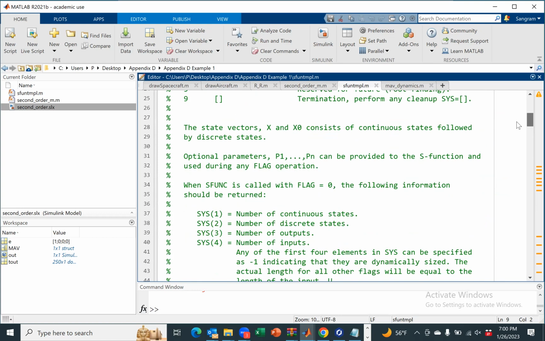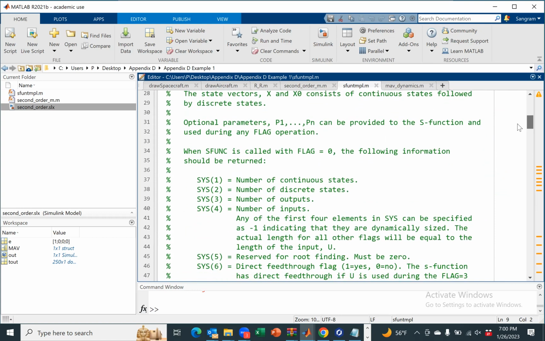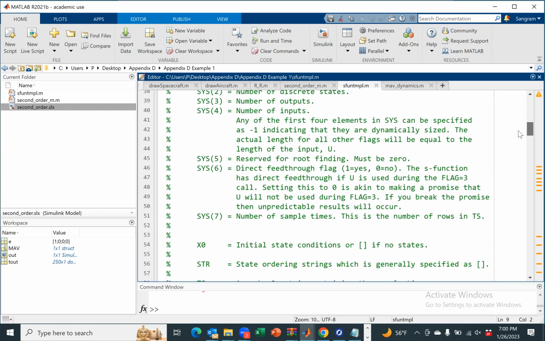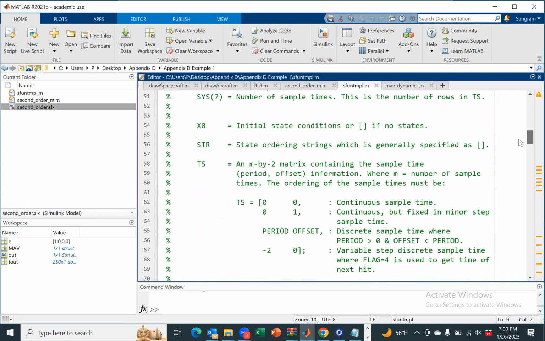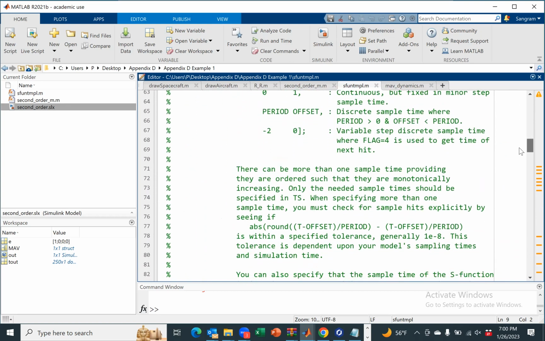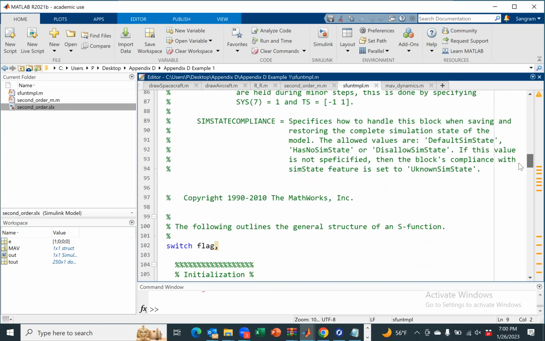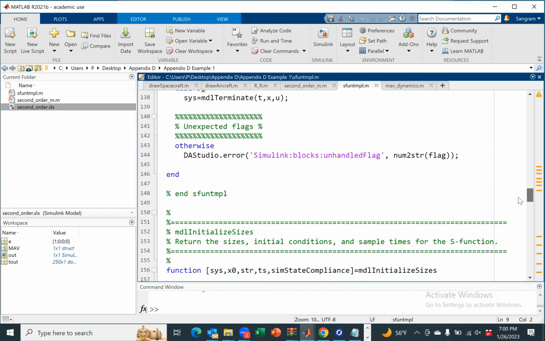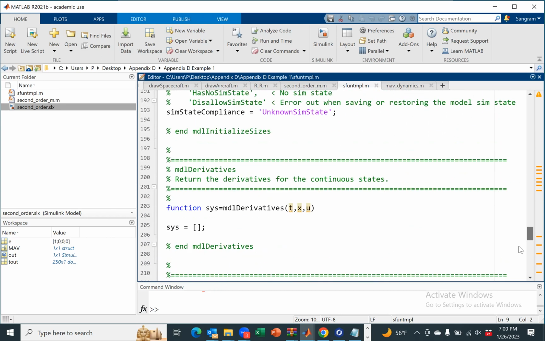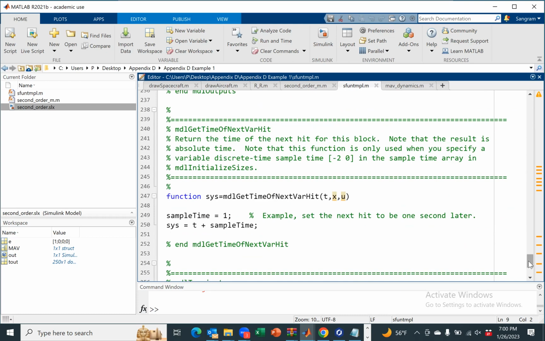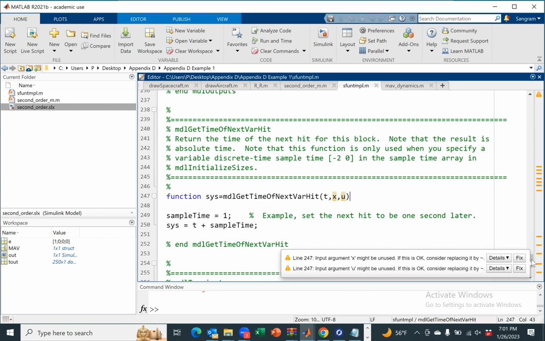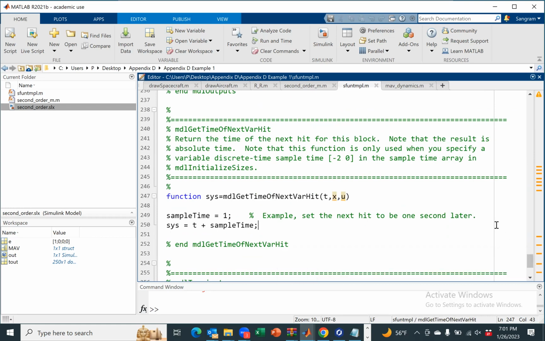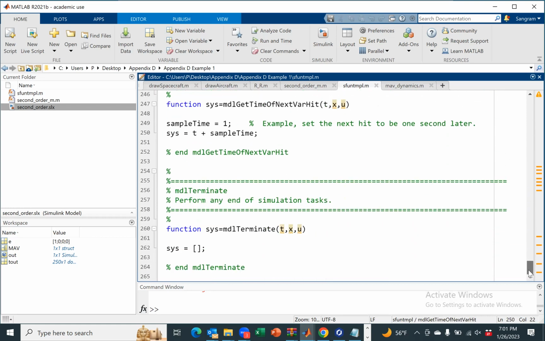Then you can do it continuous or discrete. Then it will ask you for number of inputs, number of outputs. And then if you want to find the roots, feed through, sample times, offset time, all that stuff. These are the flags. And if you want to modify, you just need to modify a few lines of code in this template.